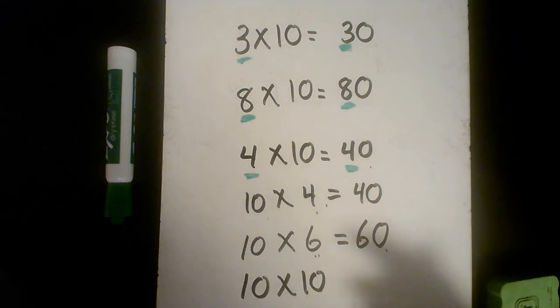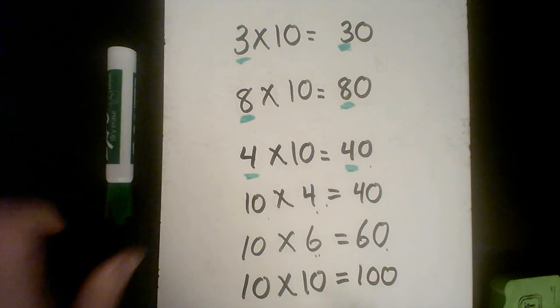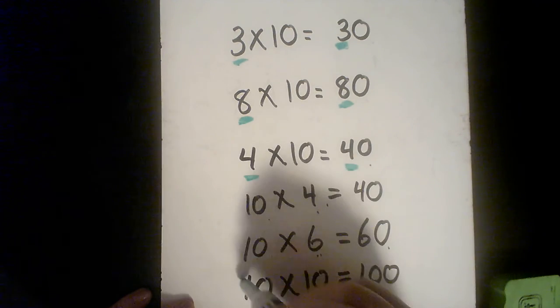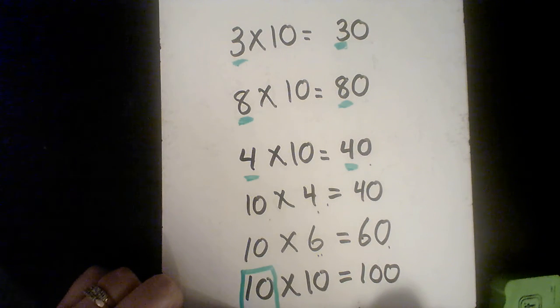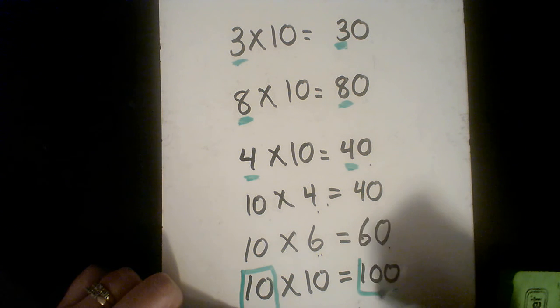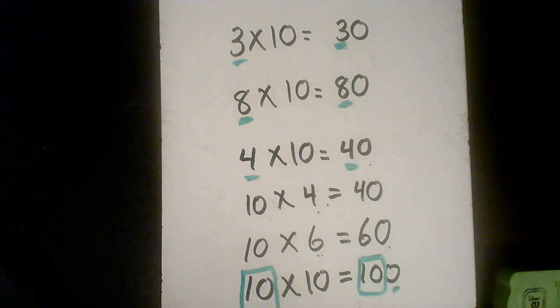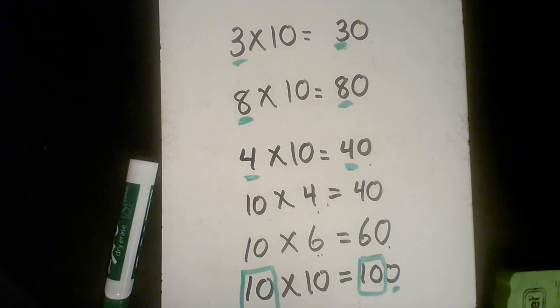Well, I know that 10 tens are 100. And it also works for our little trick of taking the other factor, which is a 10, and adding an extra 0. 100. All right, so I hope this helps, and happy multiplying.